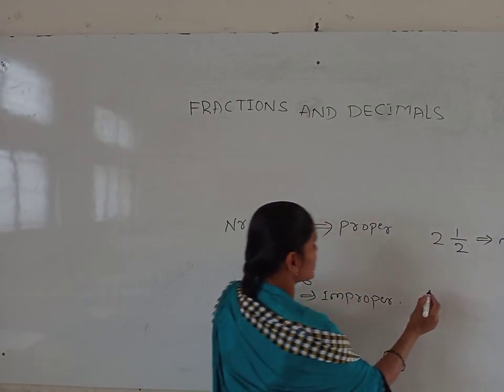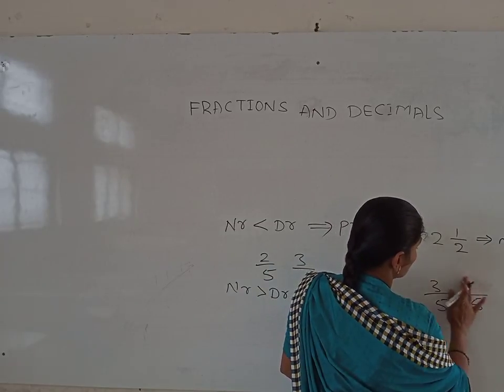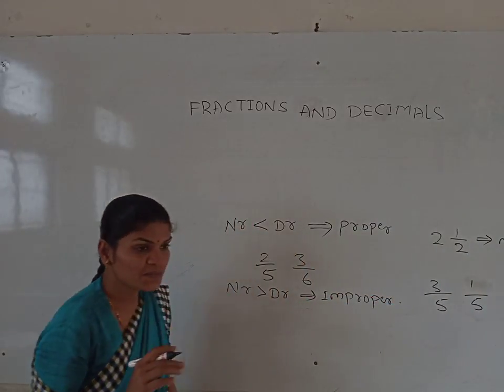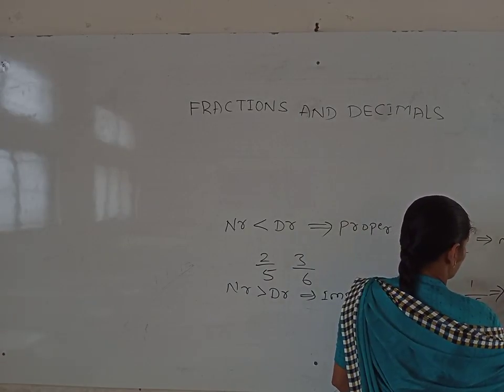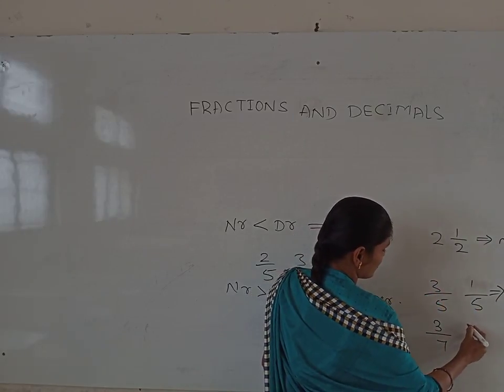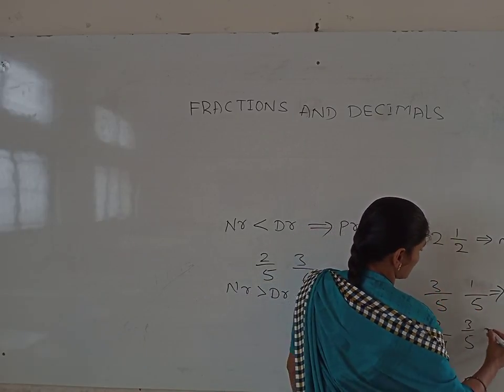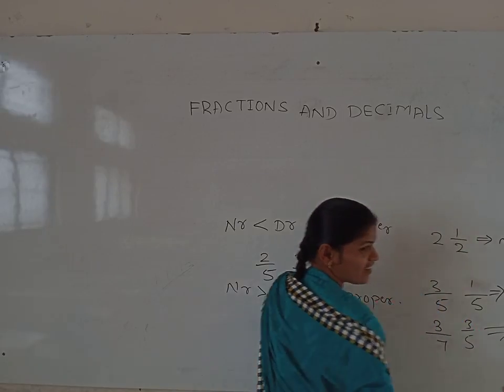Suppose the two denominators of the fractions are the same, it is called like fraction. The same denominator fractions are called what? Like fraction. If the denominators are different, what are we calling this one? Unlike, not dislike. Unlike fraction. Clear?